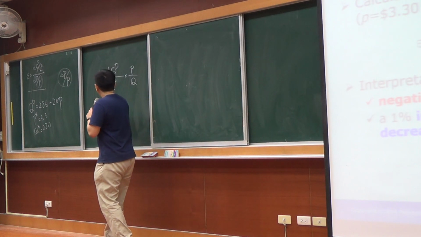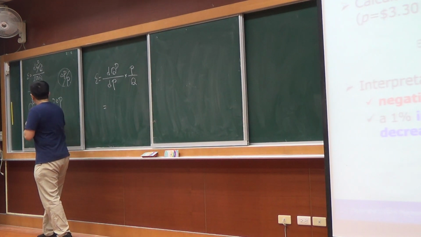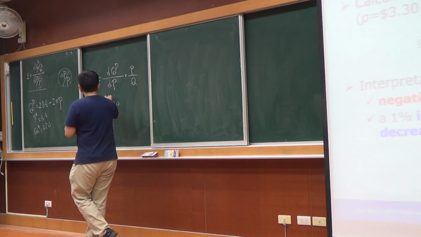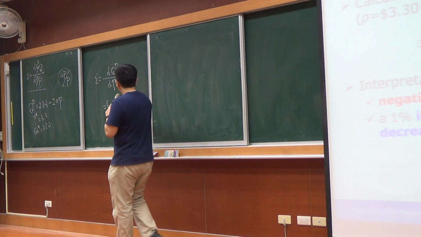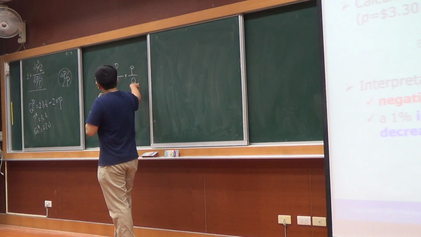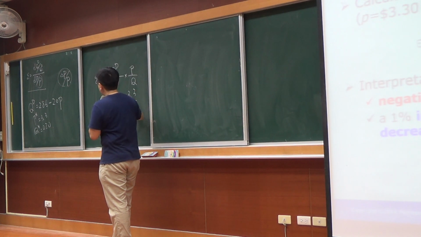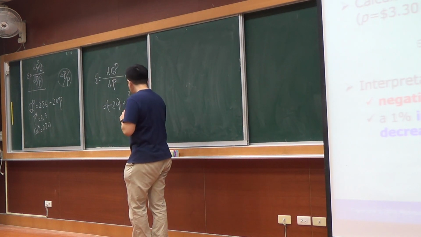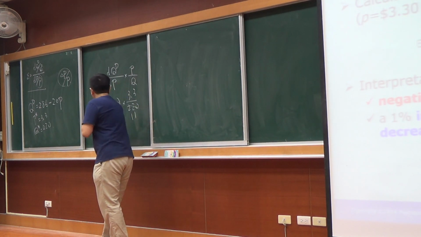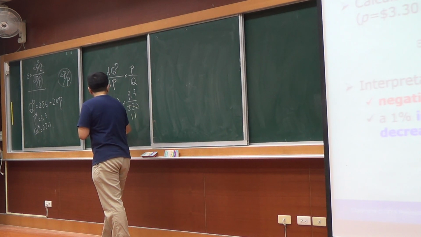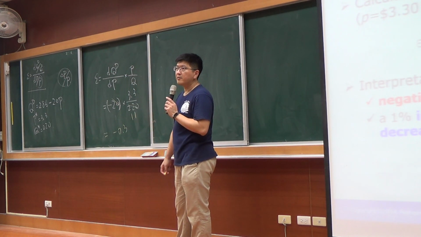So this would be negative 20, is that right? And what about the P and Q? The location of P and Q is 3.3 and 220. So, negative 0.3. Right?